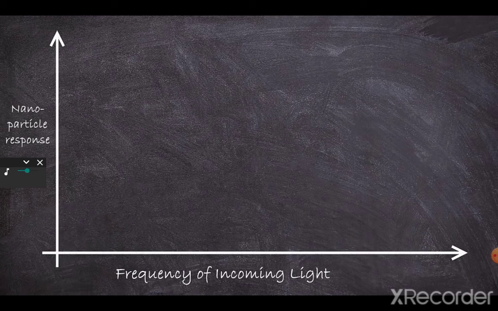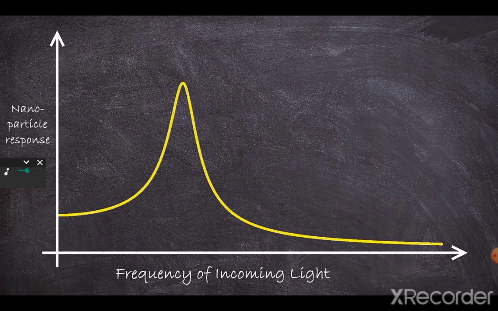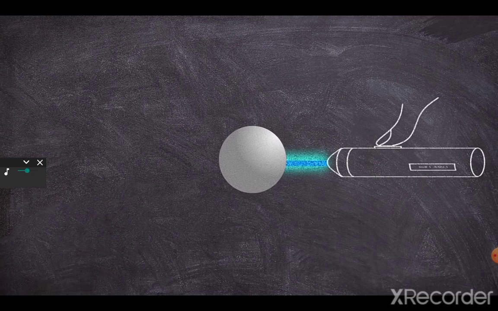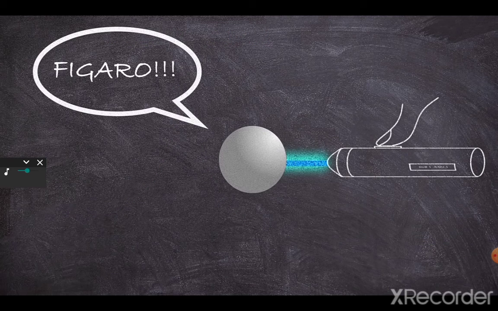The second property is that this plasmonic response of these nanoparticles doesn't treat all wavelengths or colors of light the same way. In fact, if you plotted the strength of electromagnetic enhancement versus wavelength, you'd find there's something called a plasmonic resonance at a specific wavelength. So in a sense, these particles are like little singing wine glasses, where there's one specific frequency that is a natural resonance for them and makes them sing, so to speak.